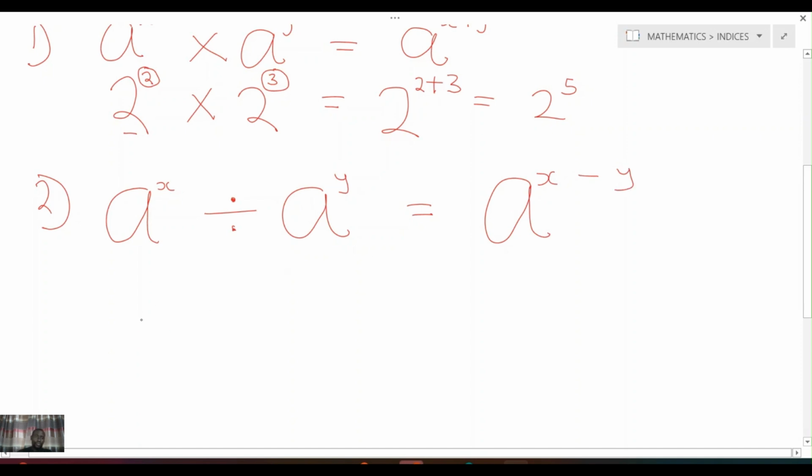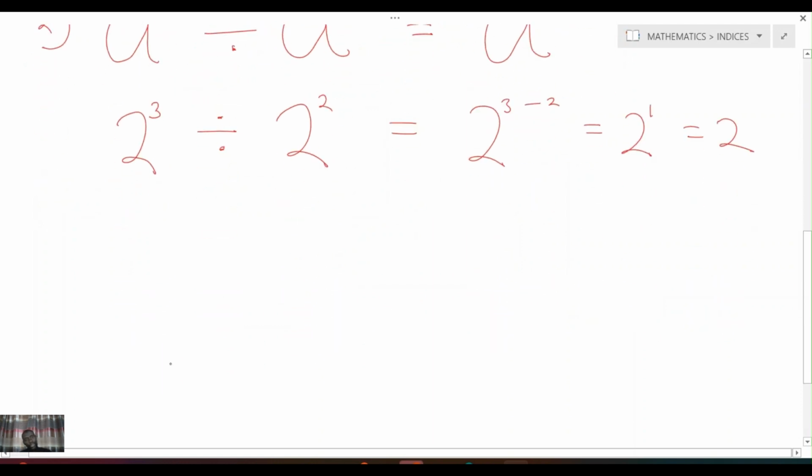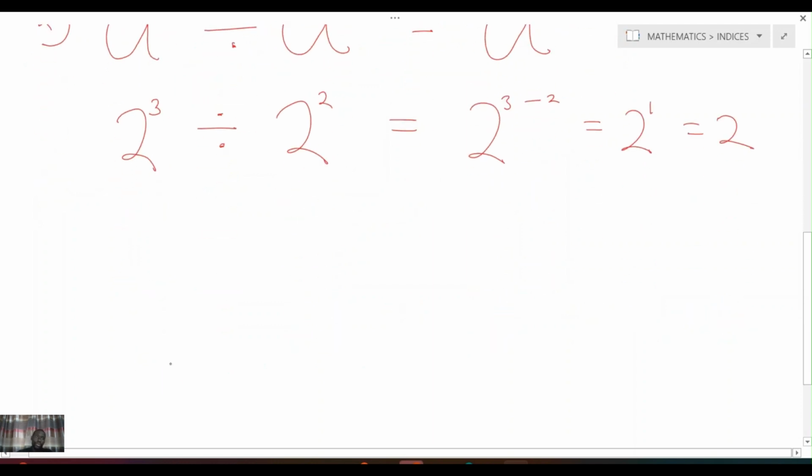For example, 2 raised to power 3 divided by 2 raised to power 2 will be equal to 2 raised to power 3 minus 2, which is equal to 2 raised to power 1, which is equal to 2. That's the second rule.